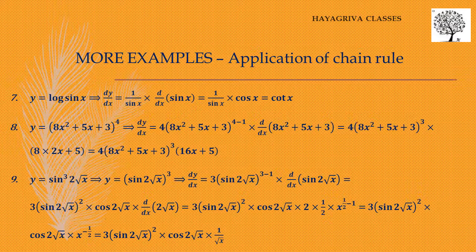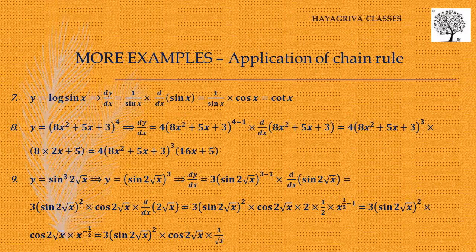Take example 8. Y is equal to 8x square plus 5x plus 3, the whole power 4. This looks like x power n. So first we'll use the formula for x power n. 4 into 8x square plus 5x plus 3, the whole power 4 minus 1, and next we should differentiate 8x square plus 5x plus 3.